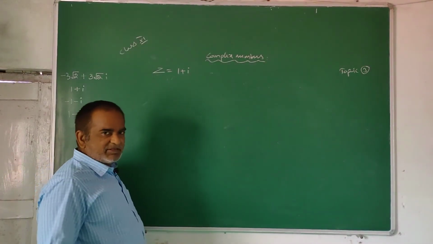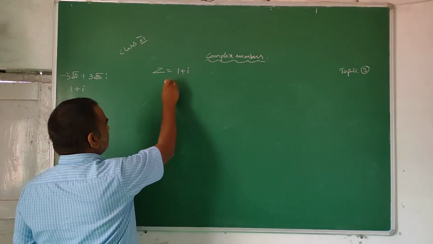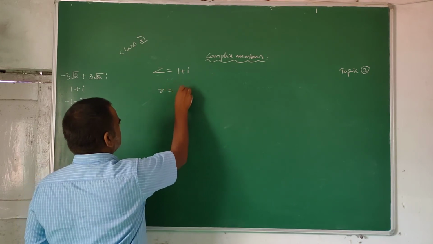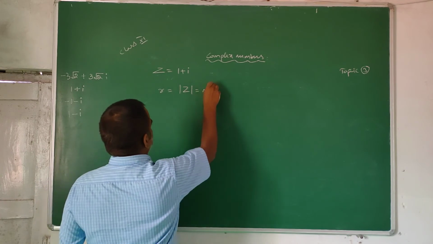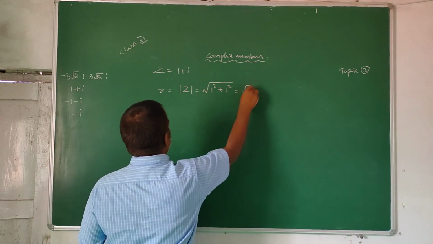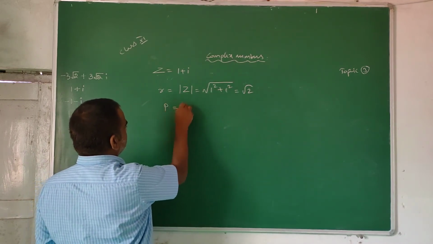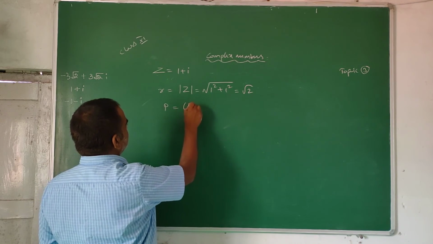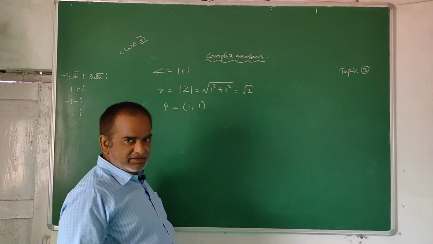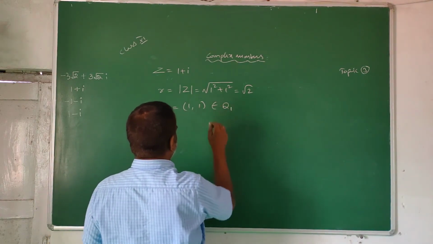Our next problem is z is equal to 1 plus i. We have to express it in polar form. So we immediately calculate mod z, which is r. Root over 1 squared plus 1 squared, so root 2. Now you have to go for the argument of z. So this complex number z will be represented by the point (1, 1) in the Argand plane, which belongs to Q1.